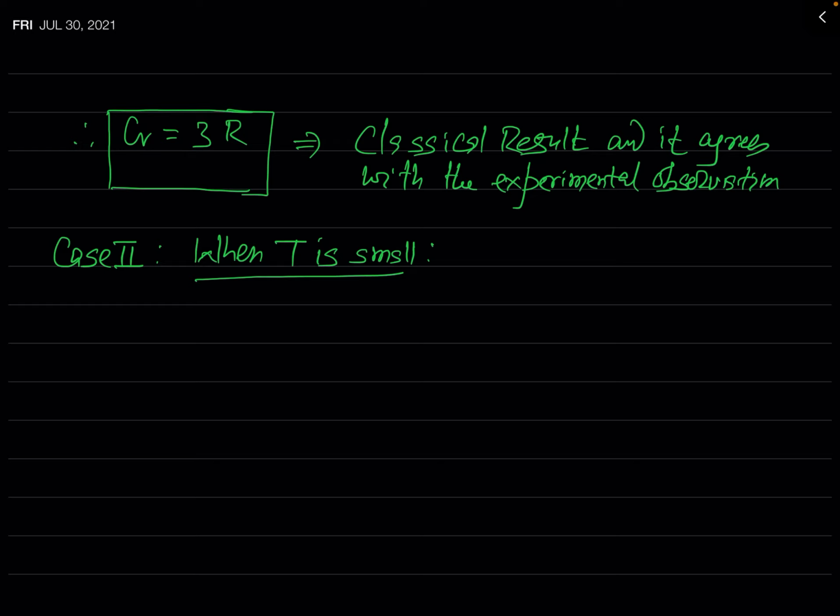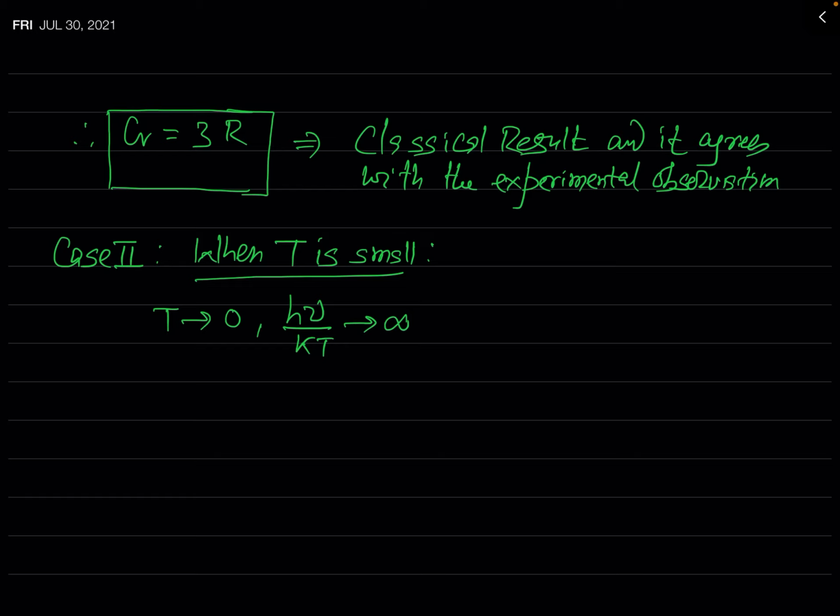You can see easily that if you consider the extreme condition that T is tending towards 0, then h nu by kT will tend to infinity, because when you divide a non-zero number by 0, the result is undefined.